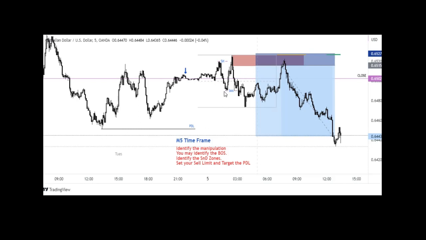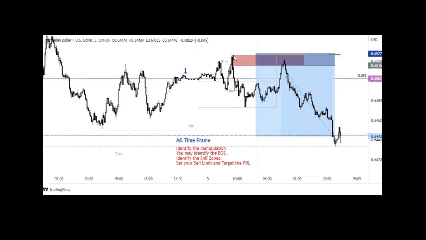Once you see this very clear manipulation here, you might miss this trade the first time. But when you see this very clear manipulation the second time, there's nothing wrong if you miss this trade or if you recorded a loss in it, because this one is going to be a wonderful one afterwards.